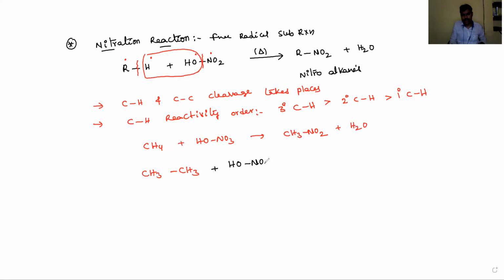So when it reacts, CH and CC bond cleavage both take place. Both types are possible. Among them, CH bond cleavage gives the major product, CH3CH2NO2, nitroethane. Along with that, the byproduct CH3NO2, nitromethane, is also possible.